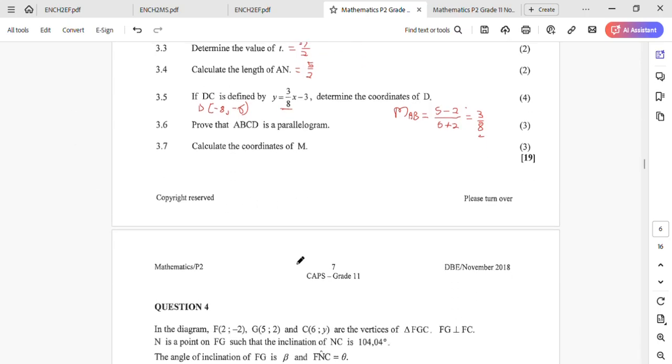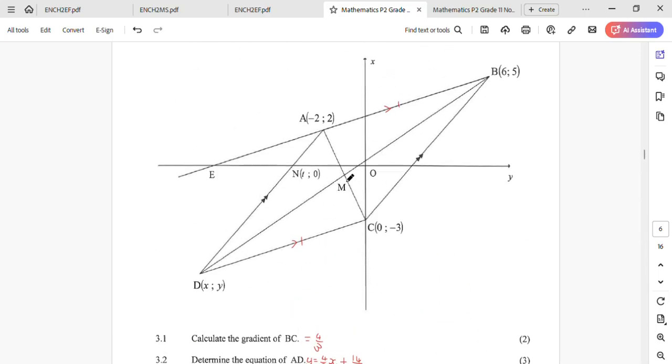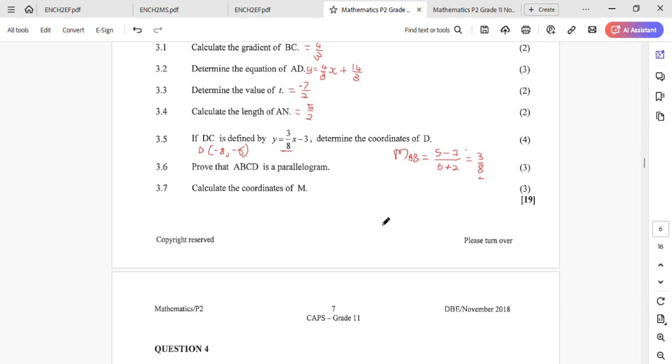Then the next question is calculate the coordinates of M. M is the midpoint of DB and also the midpoint of AC. You may choose any point you want.